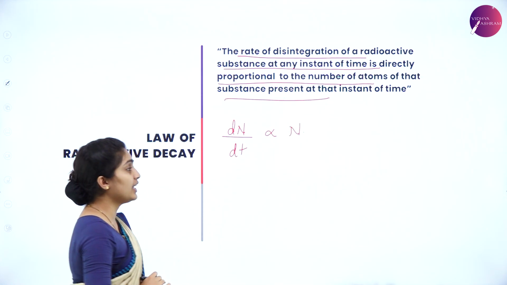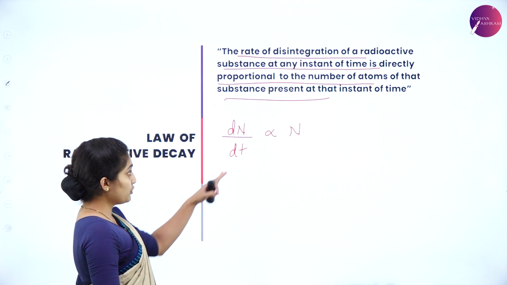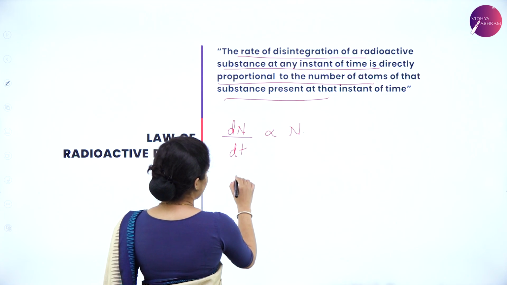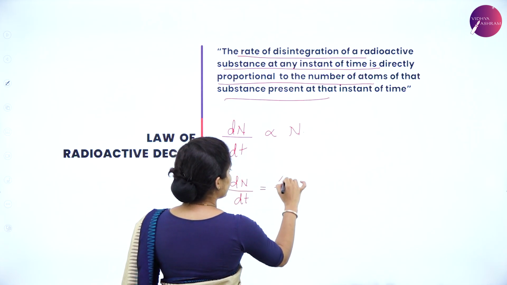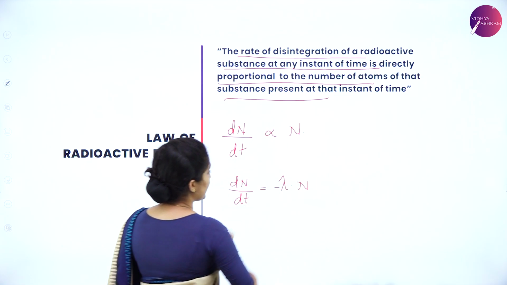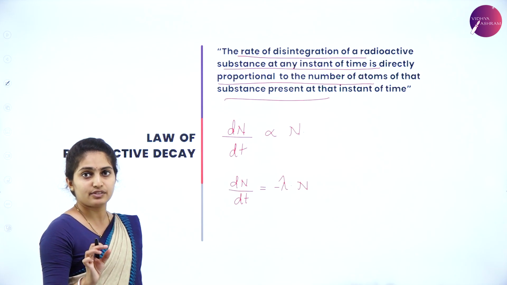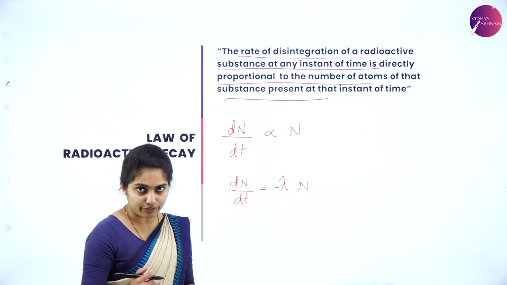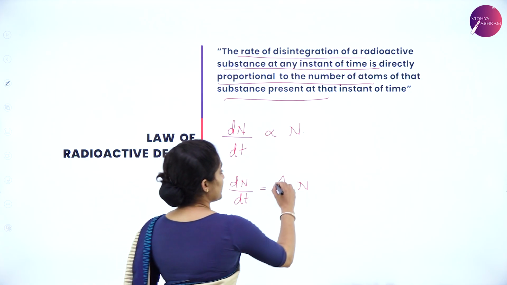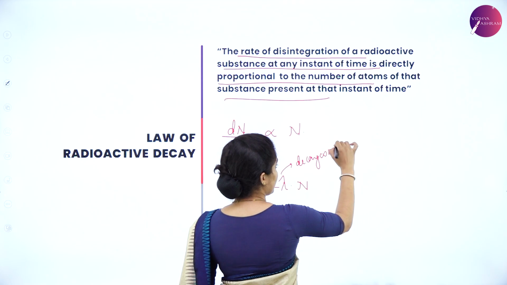When you remove the proportionality, we have dN by dt equal to minus lambda N, where the negative sign means the atoms are decreasing over time, and lambda is known as the decay constant.